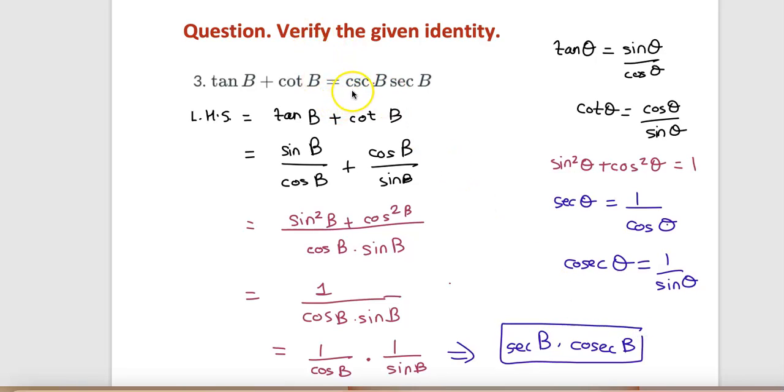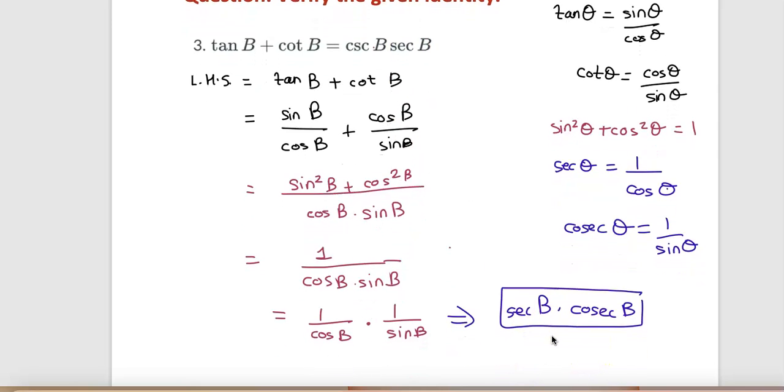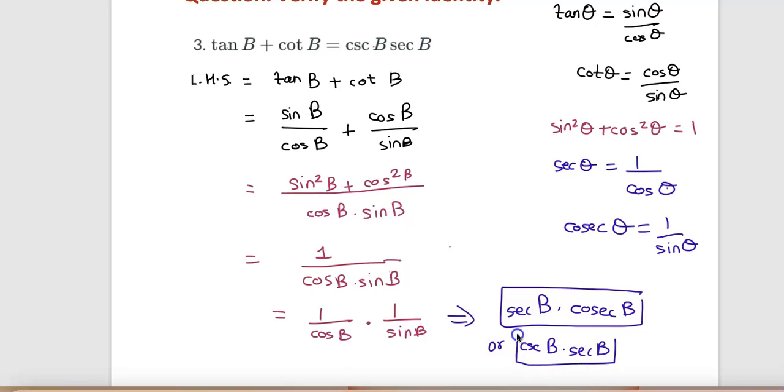So I was supposed to prove this is equal to cosecant B times secant B, which I have similar over here, secant B times cosecant B, or I can rewrite it as cosecant B times secant B. So this means I am able to prove that this is equal to my right hand side.